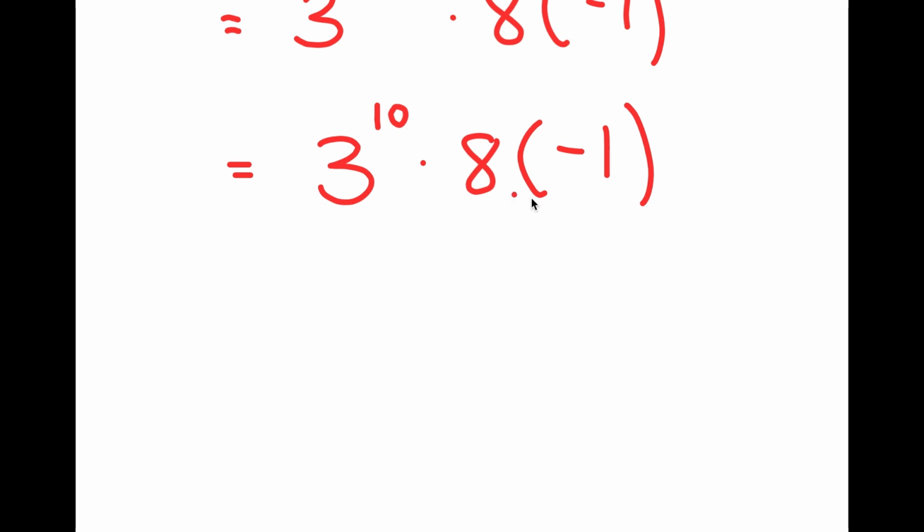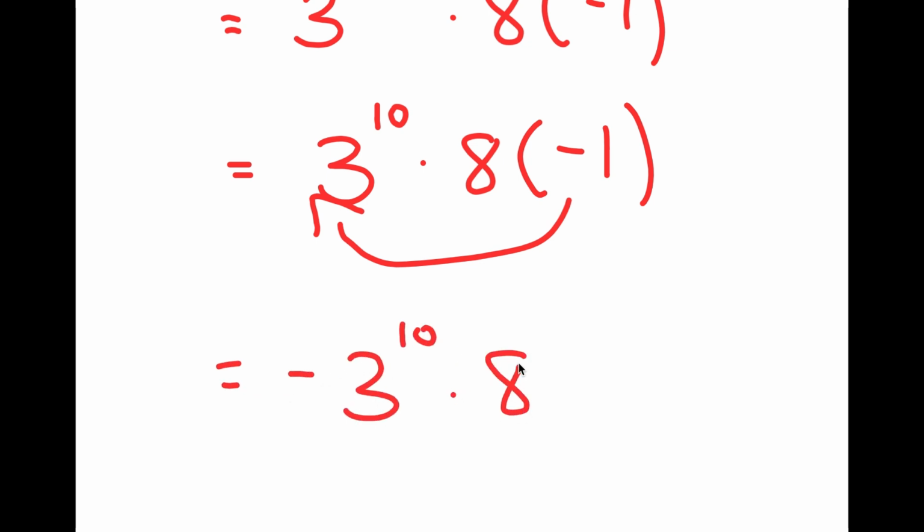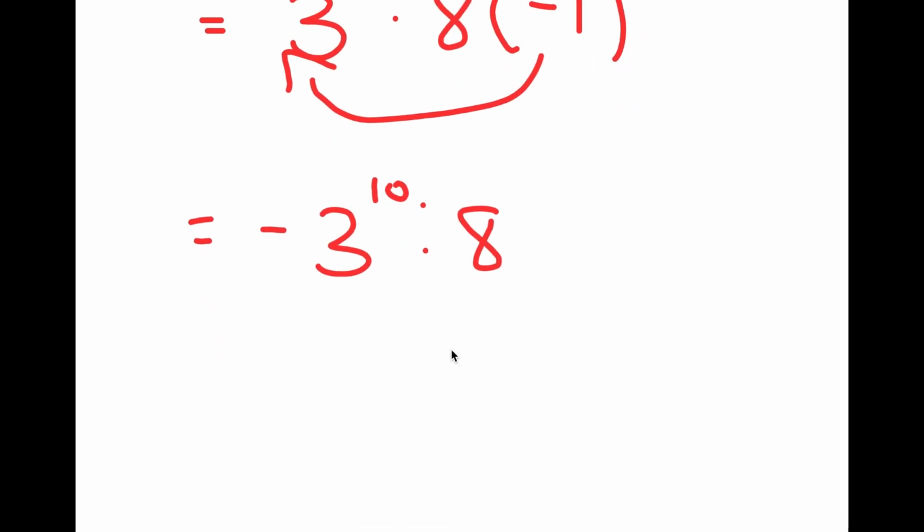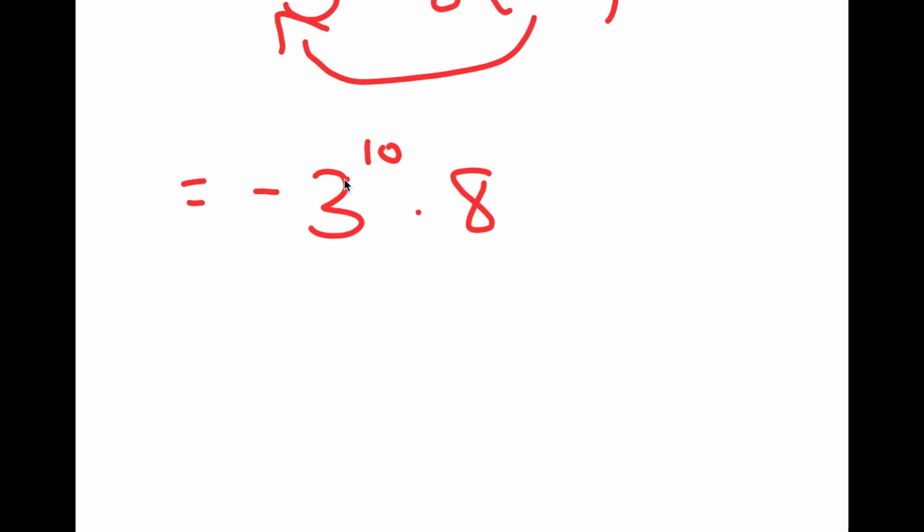And negative 1, what I can just do is put this in the front. So I get negative 3 to the power of 10 times 8. Now, the exact value of 3 to the power of 10 is equal to 59,049.